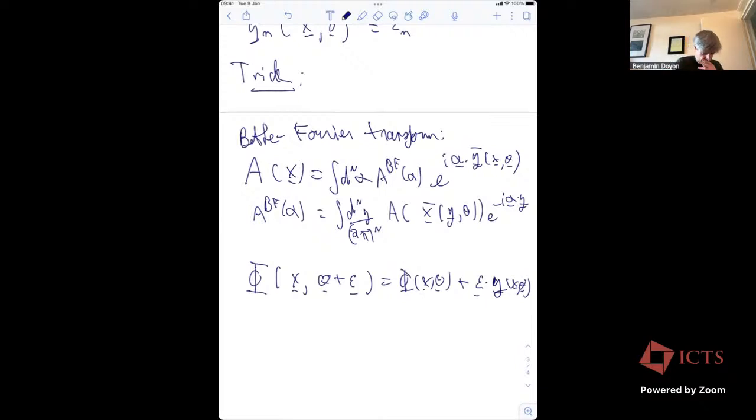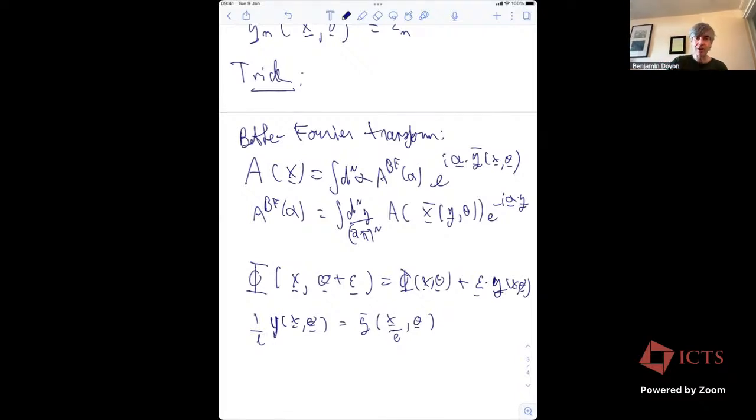Okay, so where 1 over L y at x and theta is equal to this y bar x over L and theta. Okay. So this is just taking away the L. So this change of coordinates appears as a small variation of the momentum.